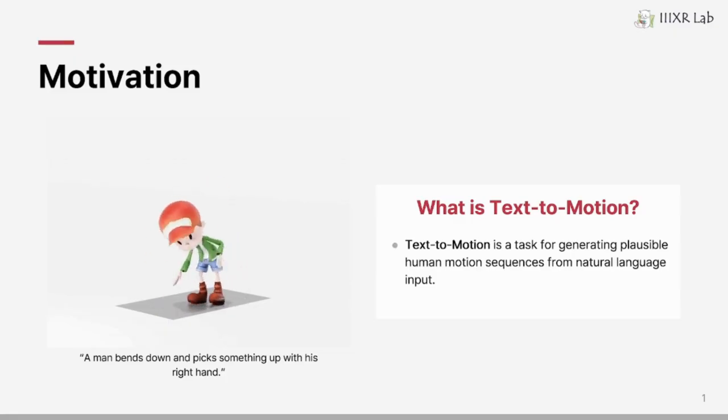Text-to-motion models aim to synthesize human motion sequences based on natural language descriptions. And recent models have shown success in generating motions that are visually plausible and semantically aligned with high-level descriptions.